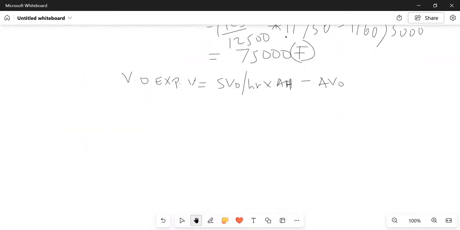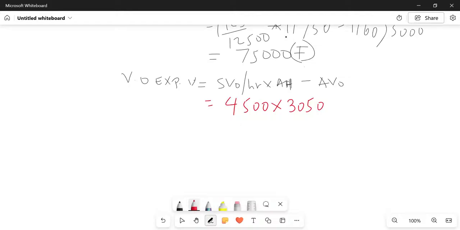So standard variable overheads per hour is 4,500. Do we have actual hours? From the actual information, 3,050. Here there is no missing figure that you are told to look for, isn't it? 3,050.